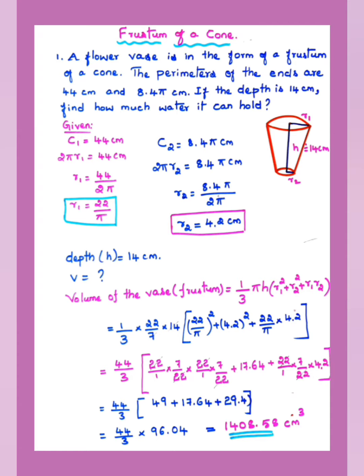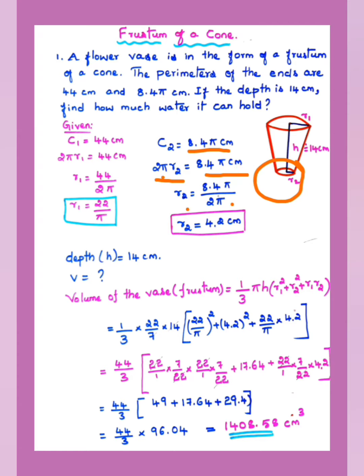Take C2 value now, circumference of the second part. C2 is equal to 8.4 pi centimeter. We need the value of R2, therefore in the circumference formula we substitute 2 pi R2. 2 pi R2 is equal to 8.4 pi centimeter. We need the value of R2, so shift this 2 pi to the other side.